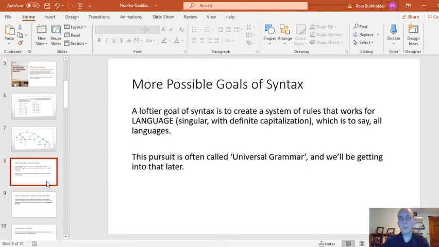That's a bigger order pursuit that some syntacticians engage in. And this is often called universal grammar. It's a grammar system, a system of rules that works for everything.